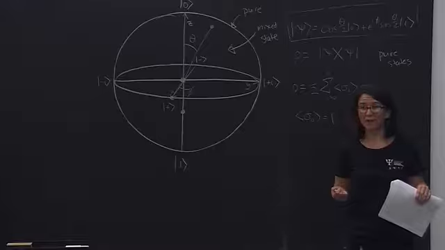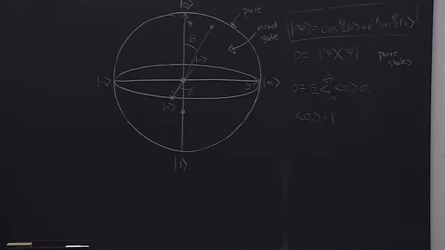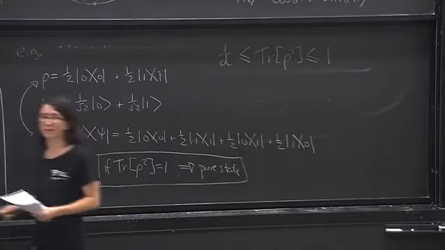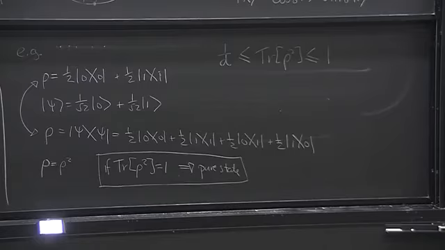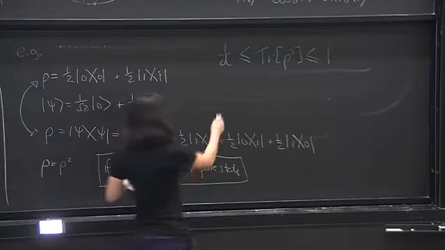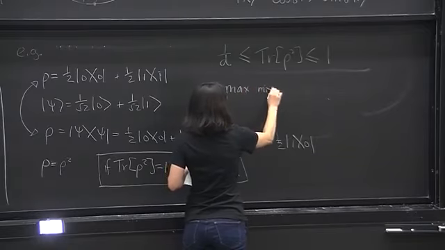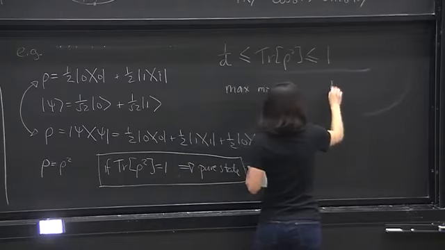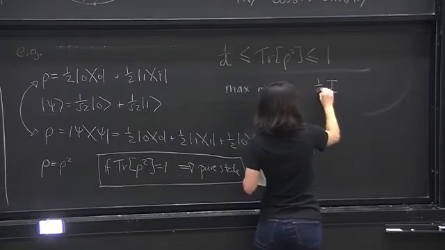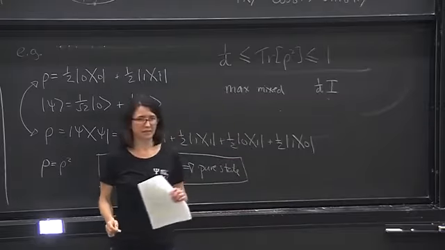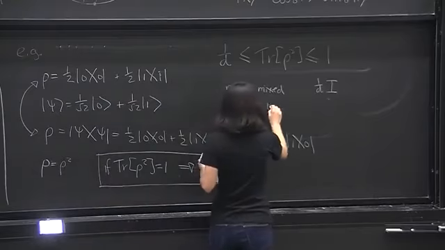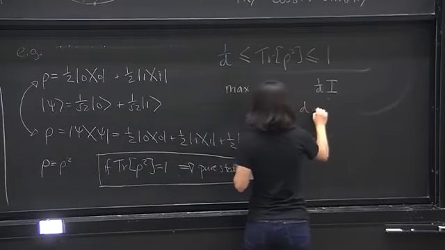Sorry? 1/2? Yep. So in this case, it would be a half, and in general, it's 1 on D, where D is the dimension of the system. So that corresponds to a maximally mixed state, which is always just proportional to the identity divided by the dimension of the system, or dimension of the Hilbert space.